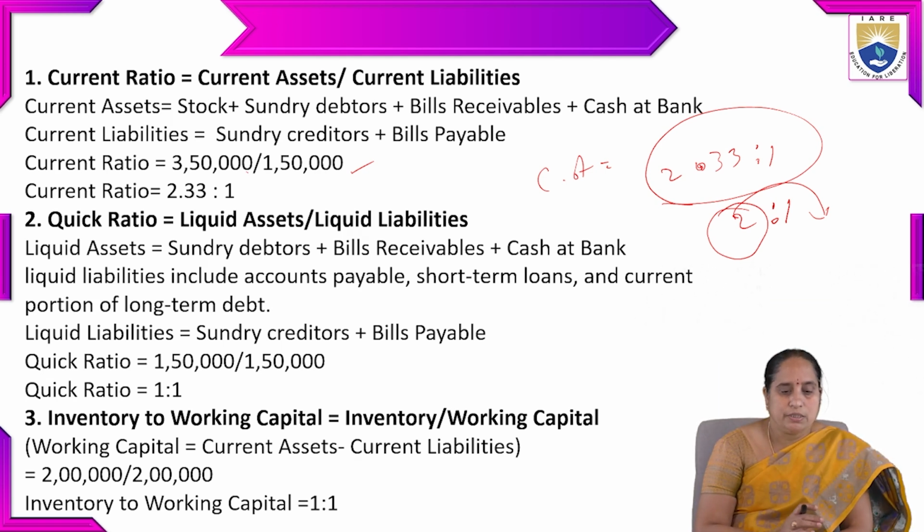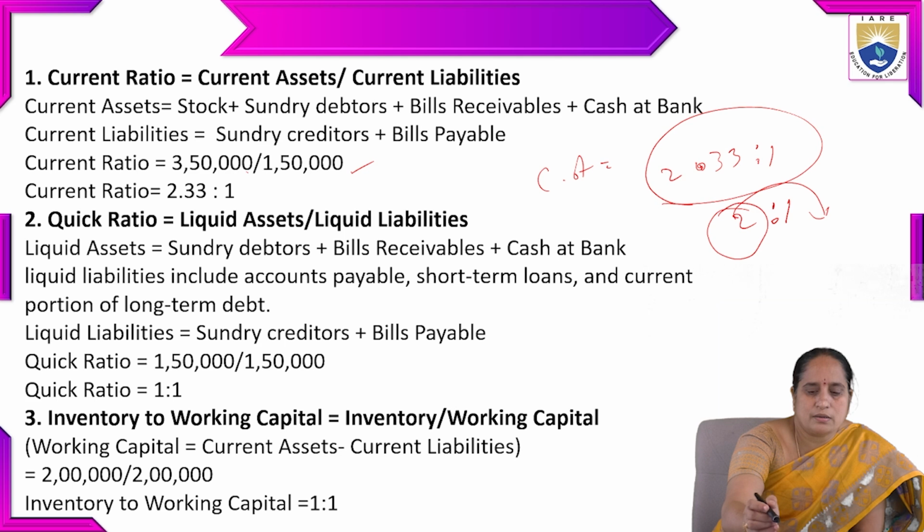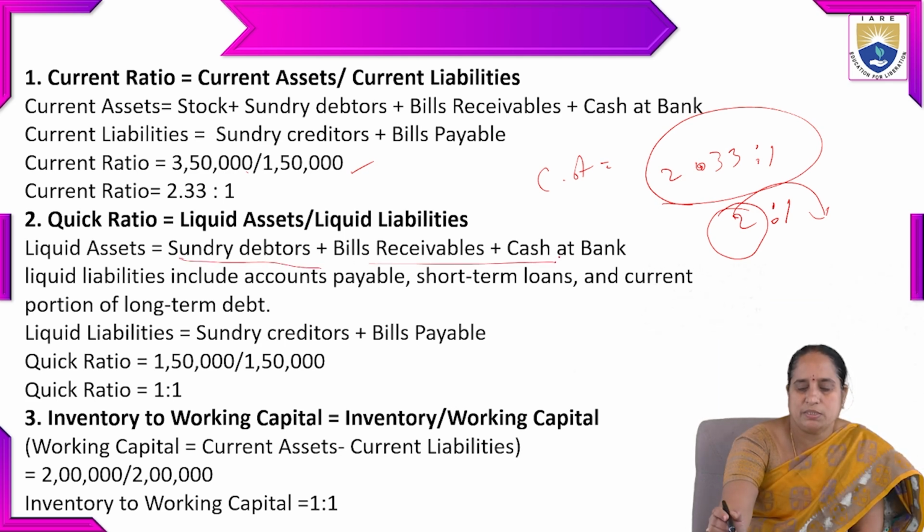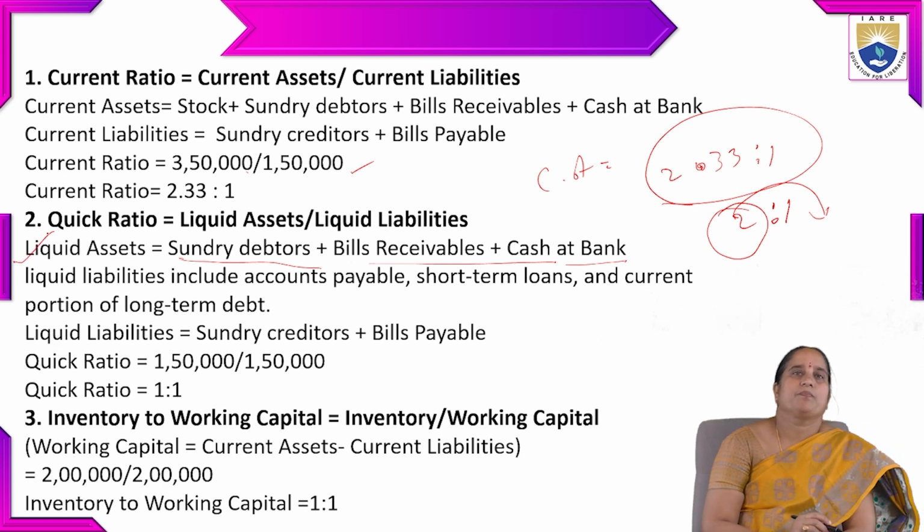And second one, quick ratio. The formula is quick ratio is equal to liquid assets by liquid liabilities. Stock cannot be easily convertible into cash, it takes some time. So apart from stock, sundry debtors, bills receivable and cash at bank, these three are known as liquid assets.